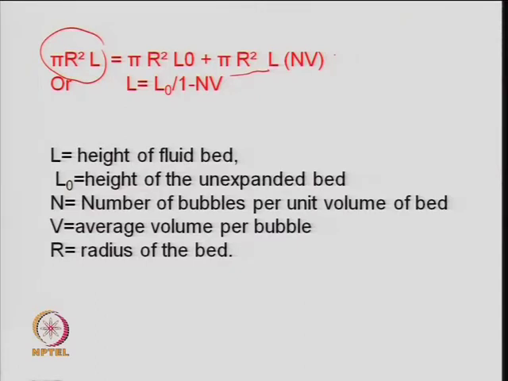So, pi r square L into N into V, where N is the number of bubbles per unit volume of the bed and V is the average volume per bubble. This product gives you the total volume of the bubbles. That is nothing but the expansion, the increase in bed height because of these gas bubbles. So, it is a simple material or volumetric balance in terms of the bed height.